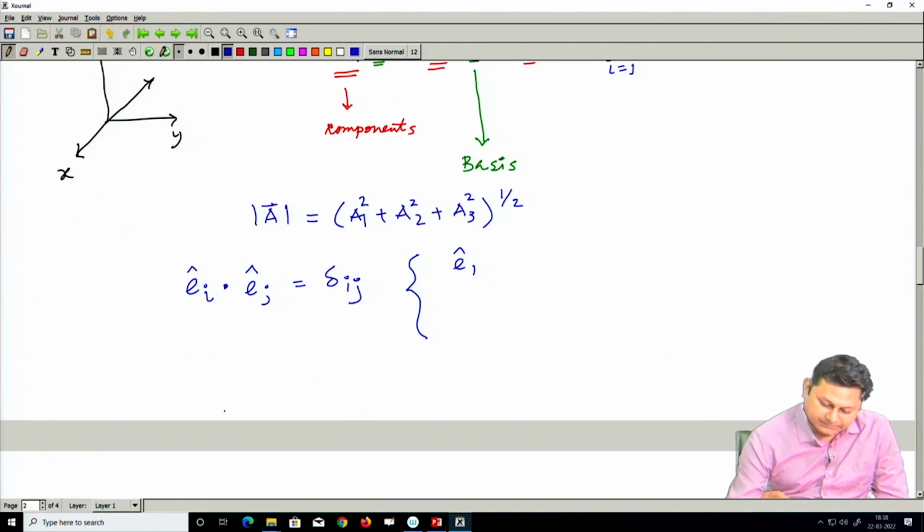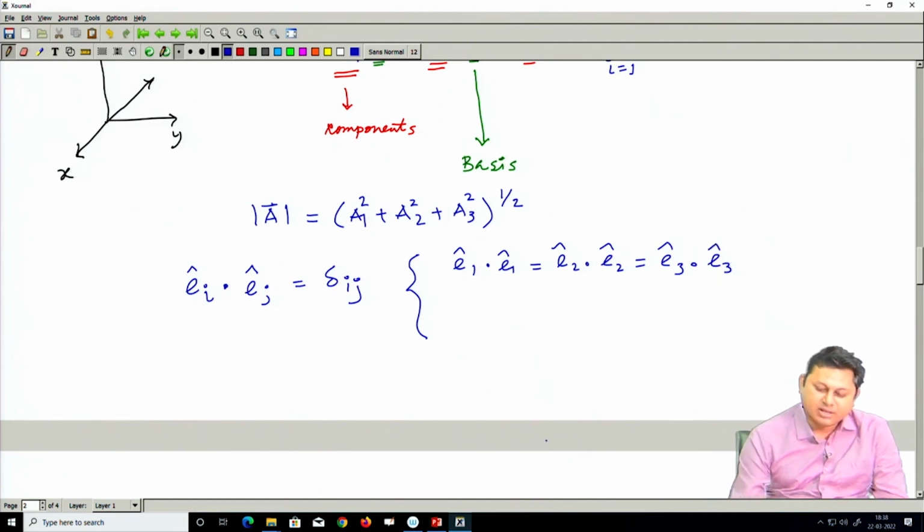So, E1 dot E1, that should be equal to E2 dot E2, that should be equal to E3 dot E3. These are the unit vectors.